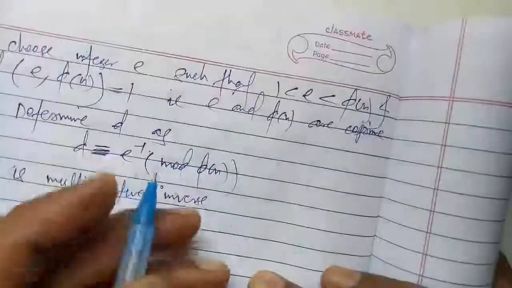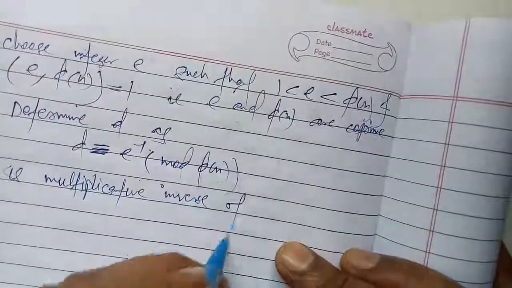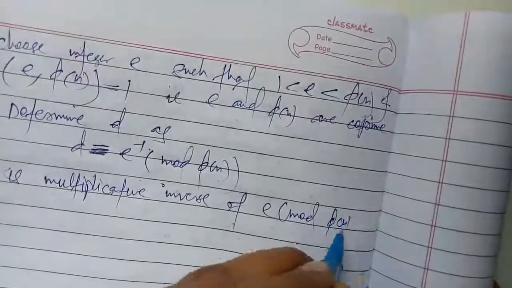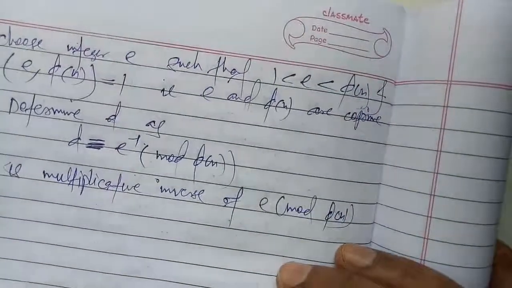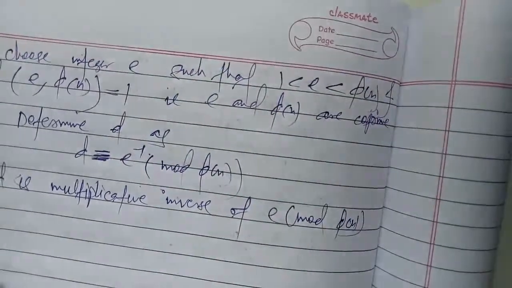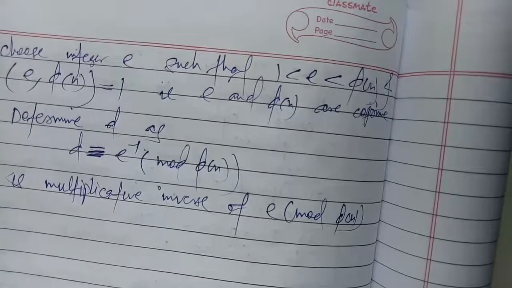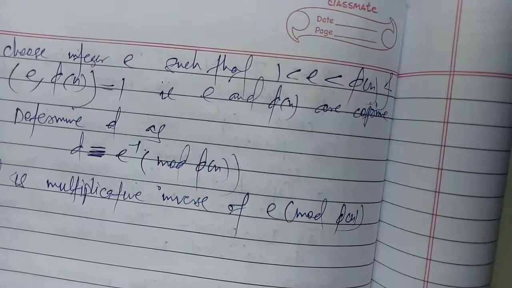D is a multiplicative inverse of E modulo phi n. D is congruent with E inverse modulo phi n. That value is nothing but D, your multiplicative inverse of E modulo phi n, right?